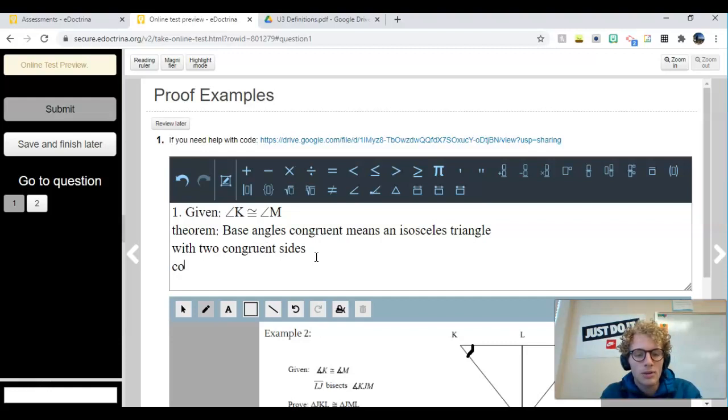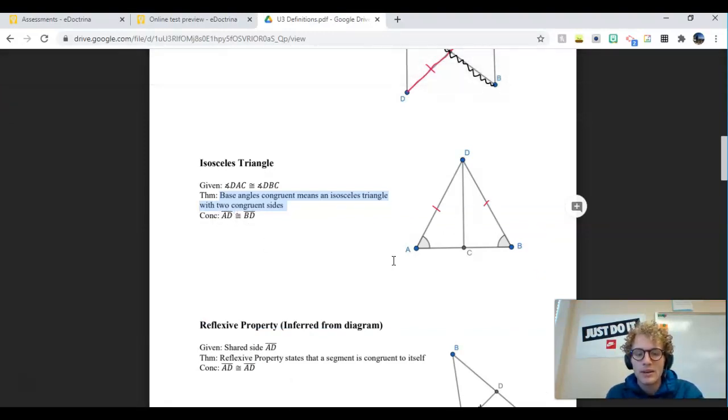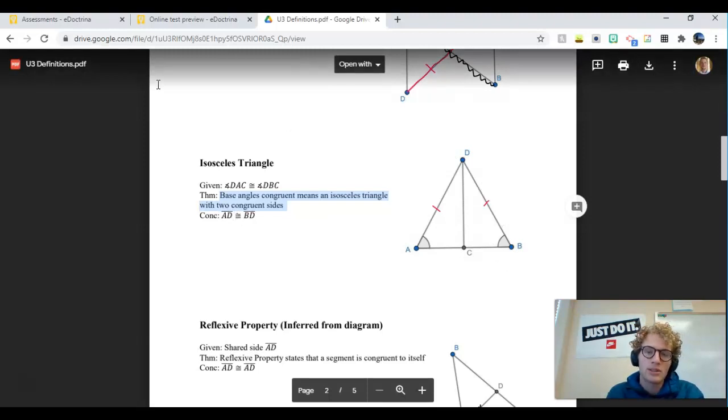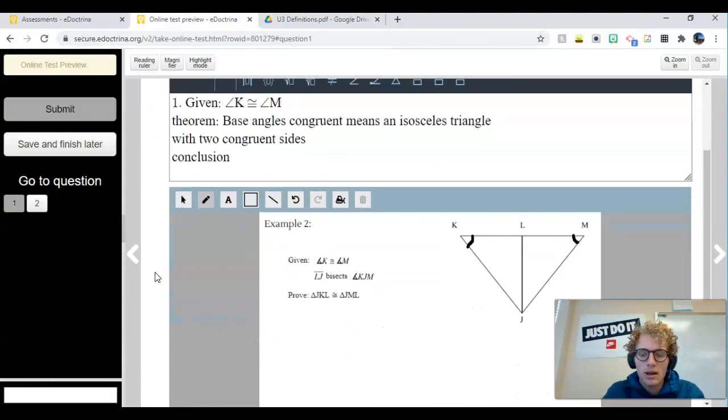and then I can write my conclusion. So as you can see from your definition sheet, the conclusion was that the sides were congruent. I can't use these letters because this triangle is different than the one I'm working with, but I can use that same idea and say that the sides across from these angles are congruent.